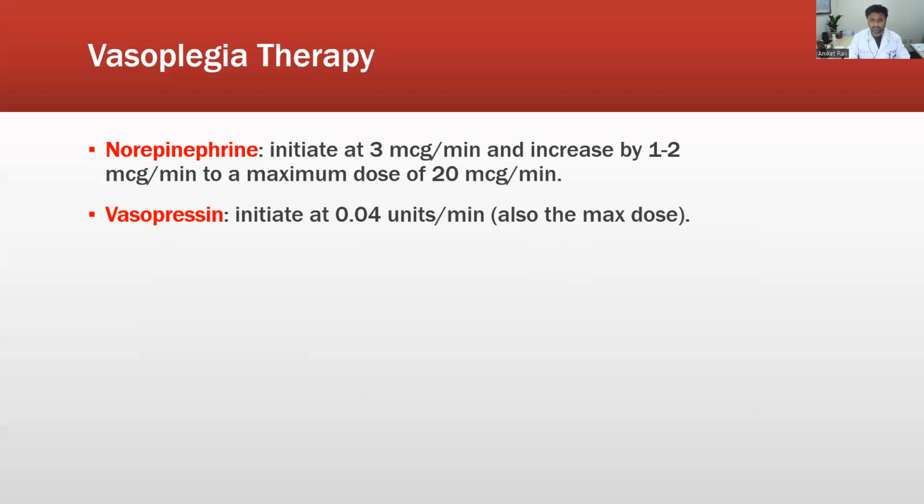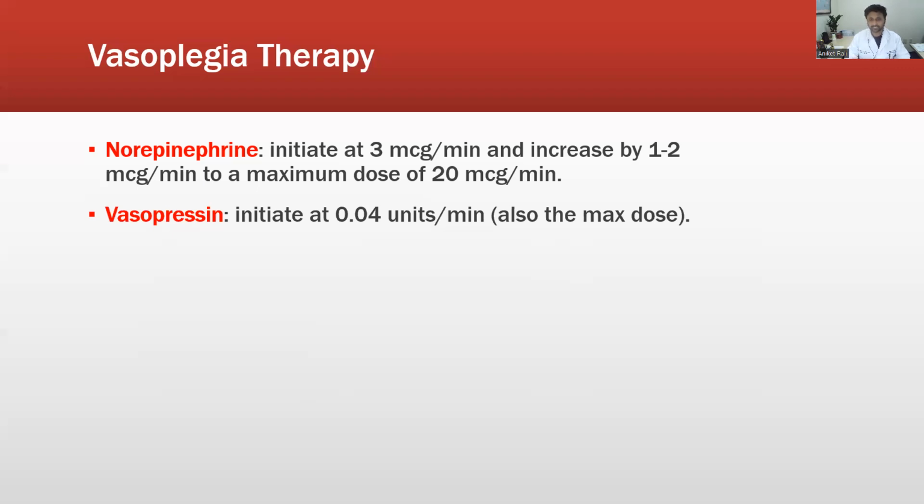Another medication that can be used and is often used in conjunction with norepinephrine is vasopressin. This is a medication that I always initiate at 0.04 units per minute, and this is also the max dose. There are two schools of thought when it comes to utilization of vasopressin. Some folks say that we should start it and then up-titrate it.